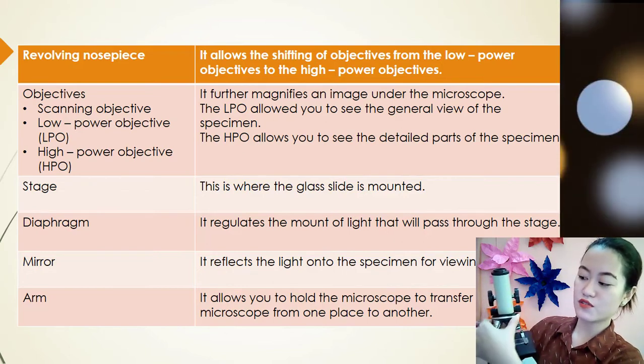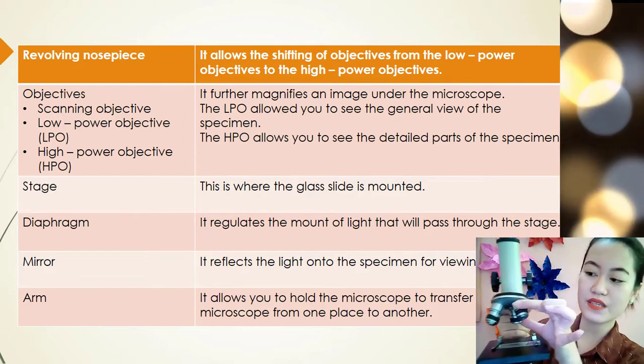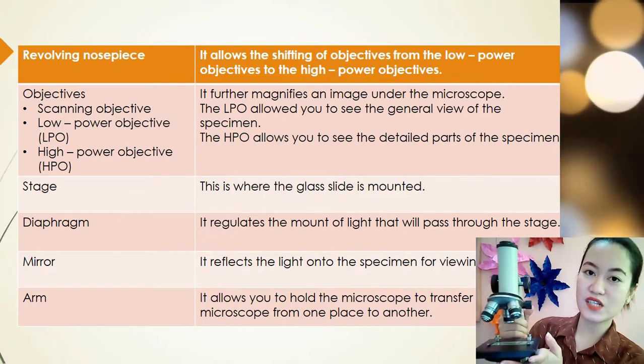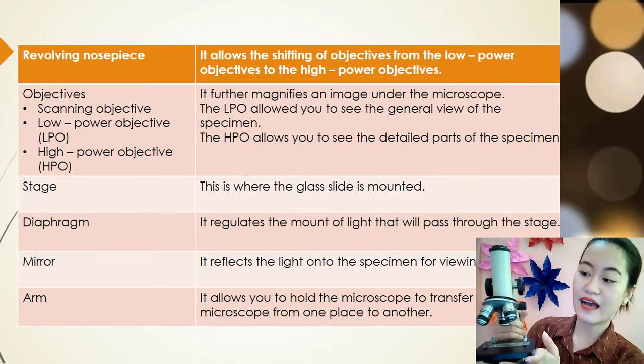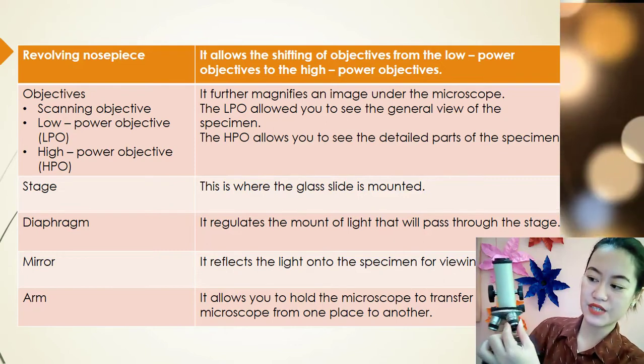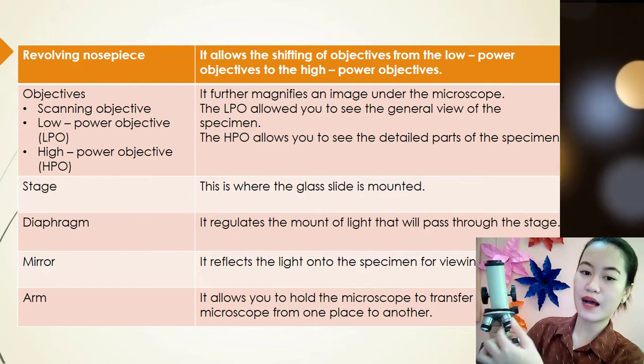Kung gusto kong gumamit ng scanning, itatapat ko lang siya. Nandun na siya sa tapat. Then, pwede ko na siyang makita sa eyepiece. That is the scanning objective, 4 times.